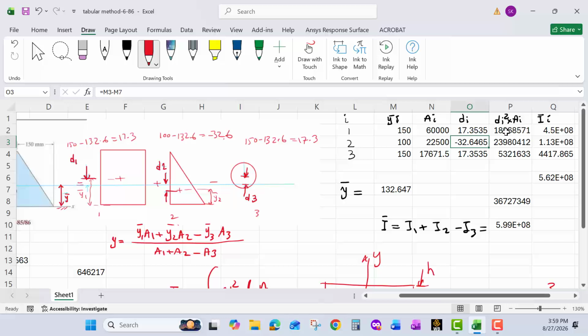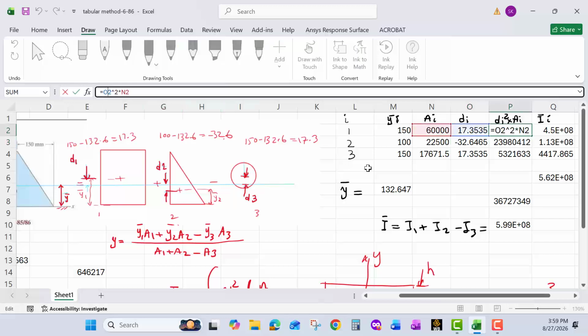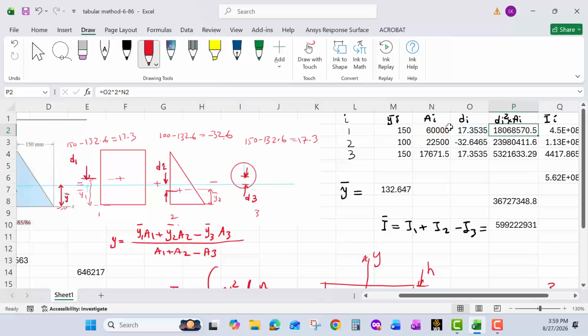So all I have to do is, at this cell, put a formula that is equal to the cell sitting as di squared multiplied by the cell which is sitting as ai. And because of that equal sign, it is a formula.